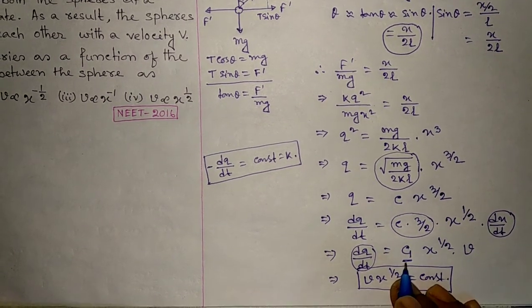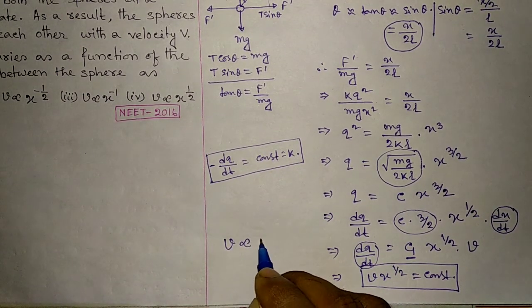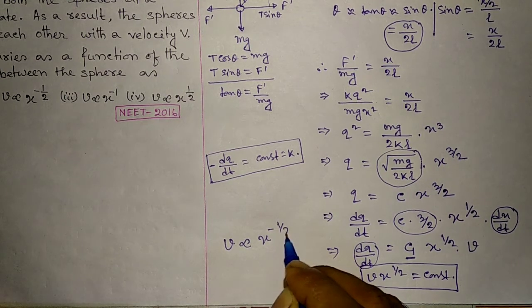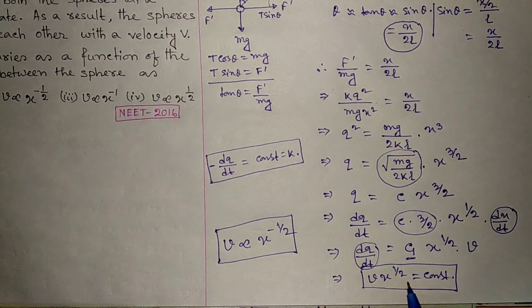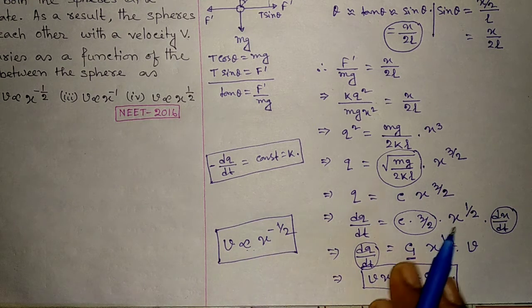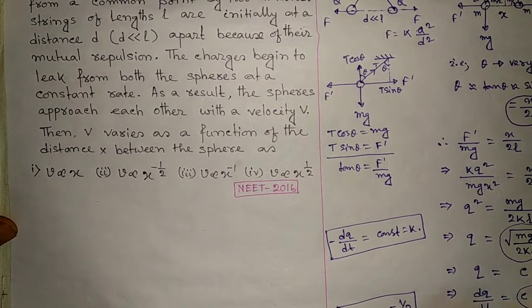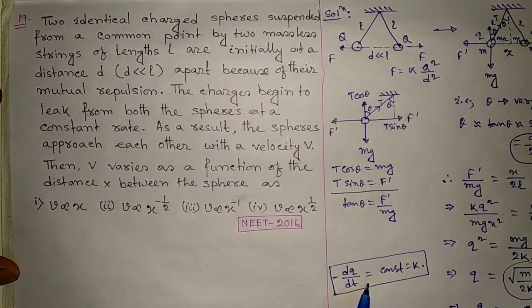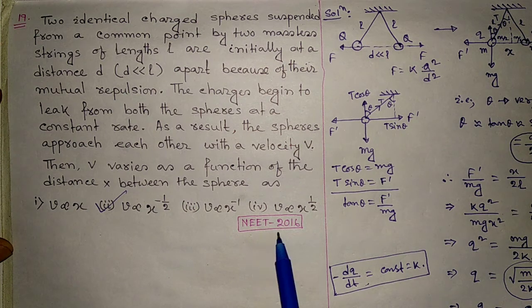So v is proportional to x to the power minus half. Our final answer is option number 2, v proportional to x to the power minus half. The question was asked in NEET 2016.